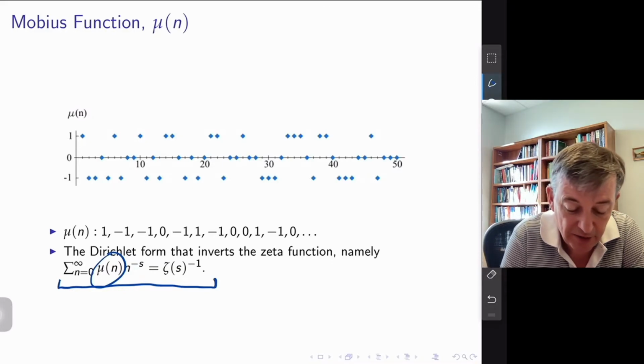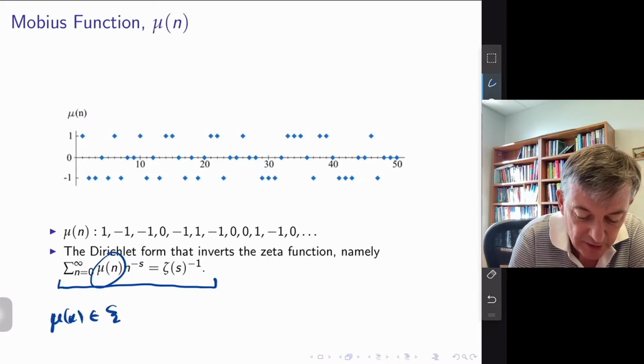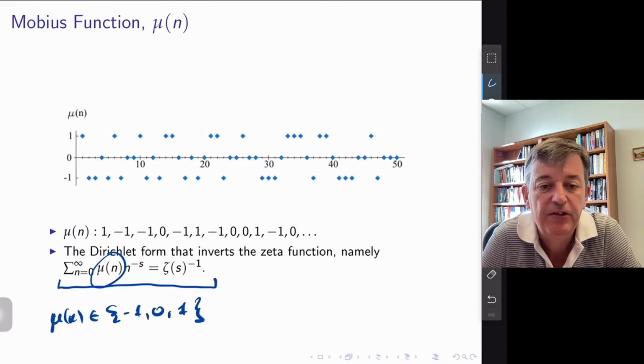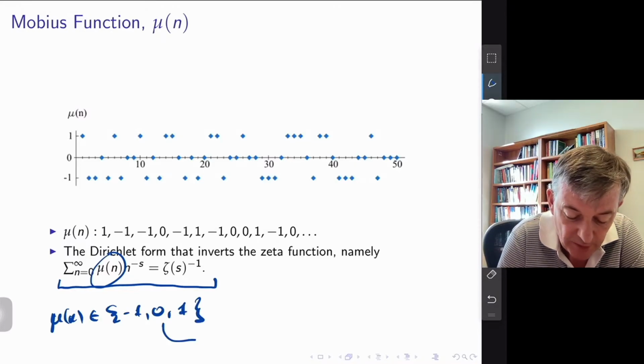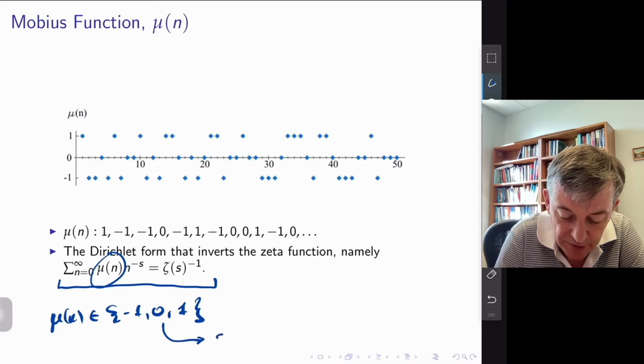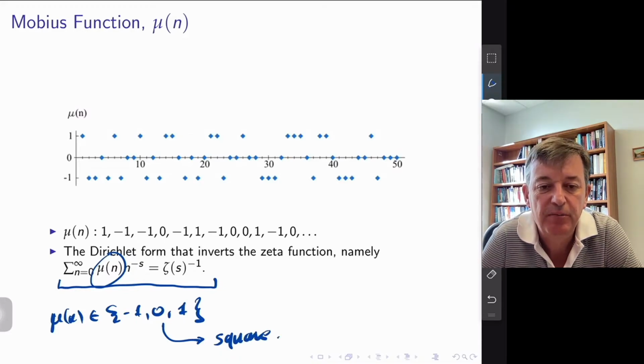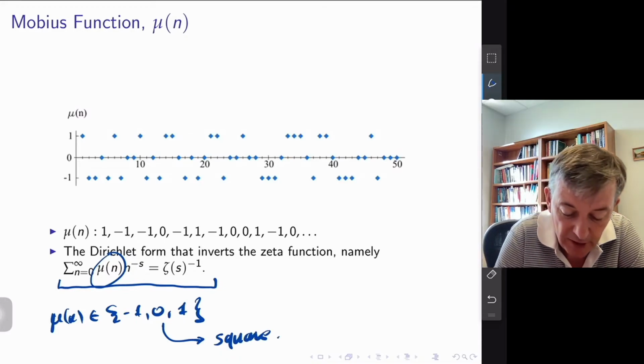behavior. So just to be clear, the Mobius function takes values in the set -1, 0, or 1. Every number has a prime factorization. So if there's a square in the prime factorization, the Mobius function is equal to 0.